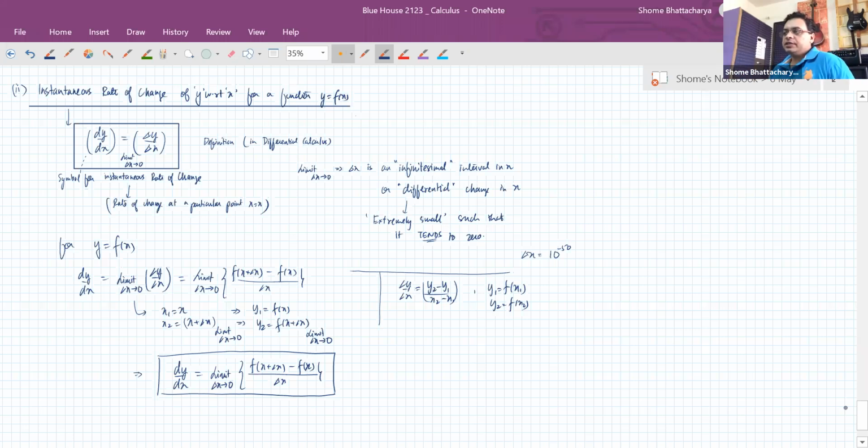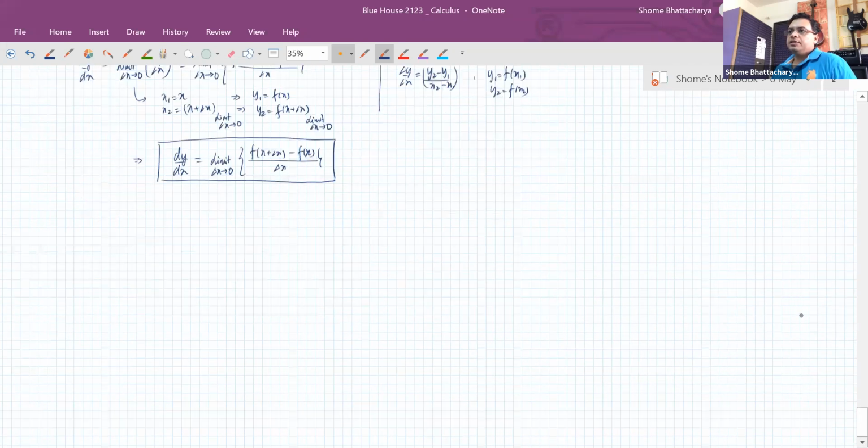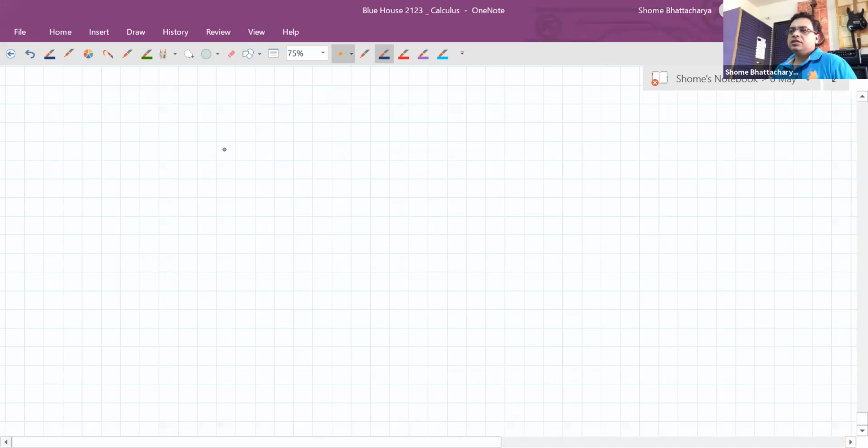Okay, so this is the algebraic definition. Now let us see the geometrical interpretation of that, and hopefully that will make us understand it a little bit better.